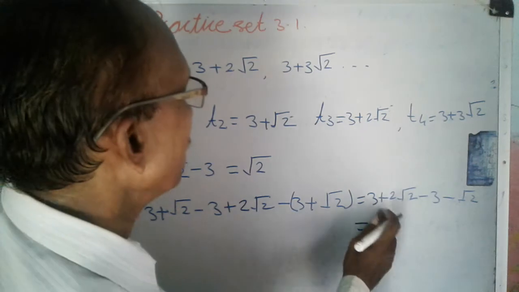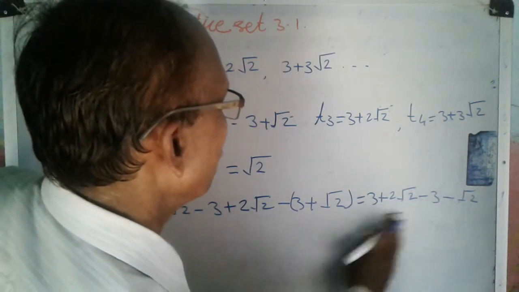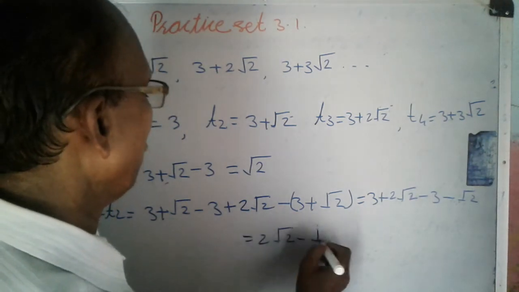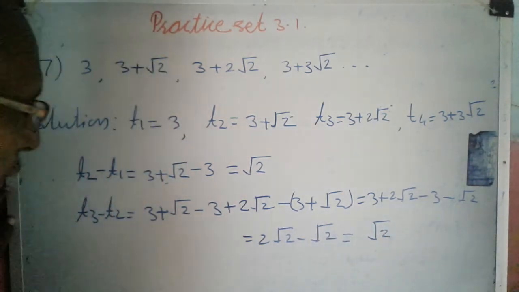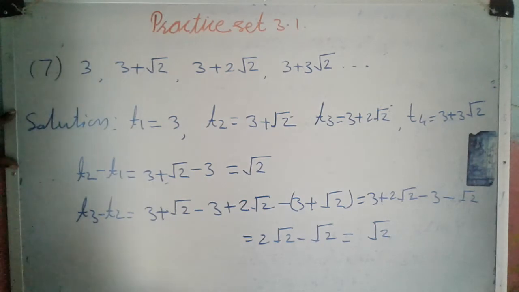So here we get 3 minus 3 is 0 and 2 root 2 minus root 2 we get root 2 here. So here also common difference is root 2.